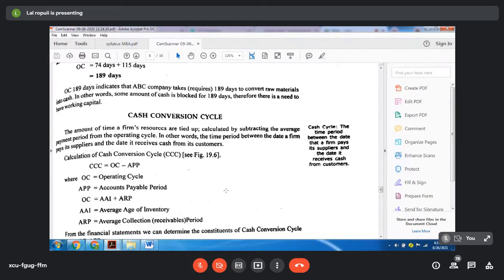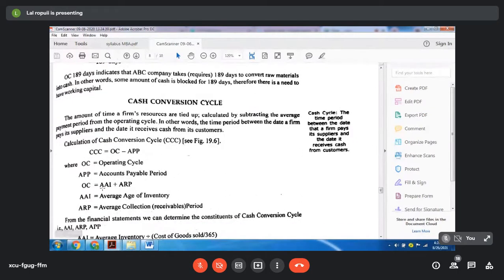Operating cycle is average age of inventory plus average collection period, meaning the accounts receivable period.